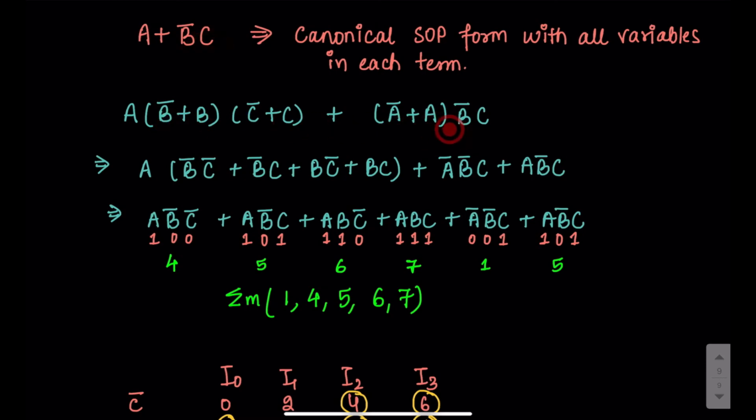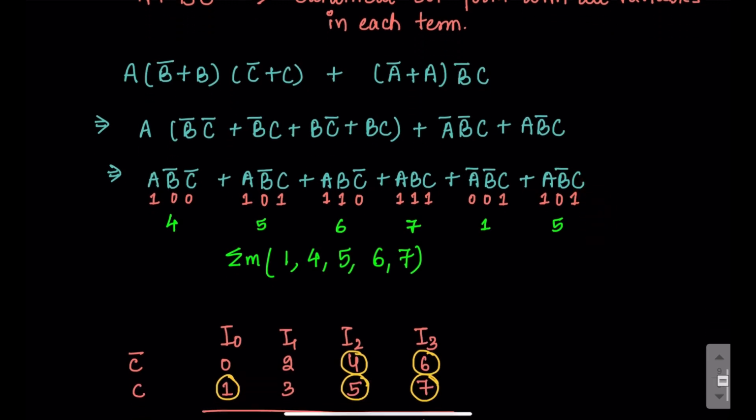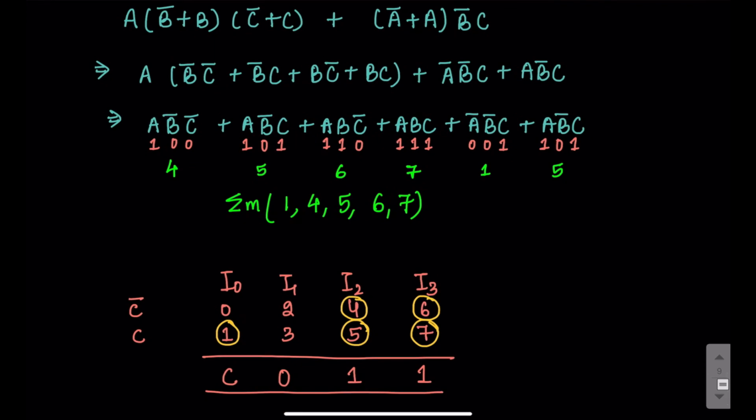Now you open these brackets, and when you open the brackets completely, you will get all the min terms that were there. So actually we are doing the other way around: from the minimized expression, we are coming to the actual expression. So you see that this function is actually the SOP, that is sigma m of 1, 4, 5, 6 and 7.